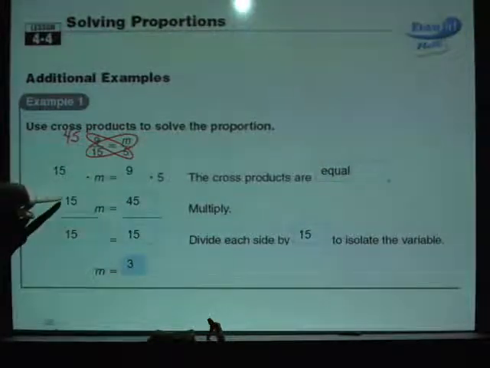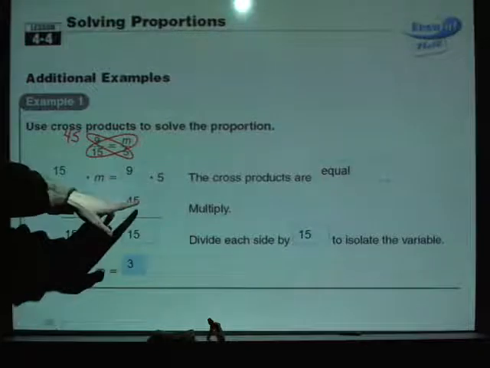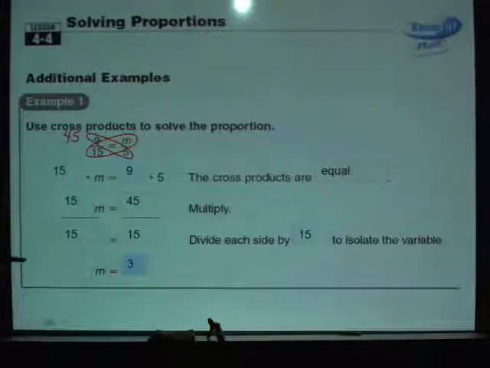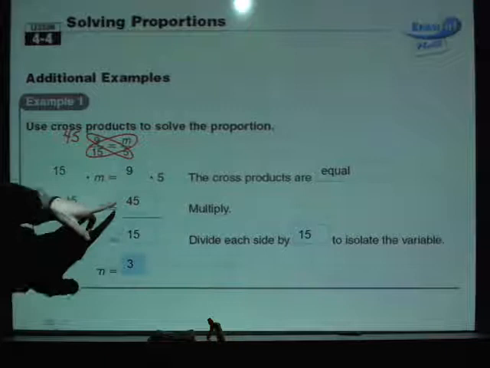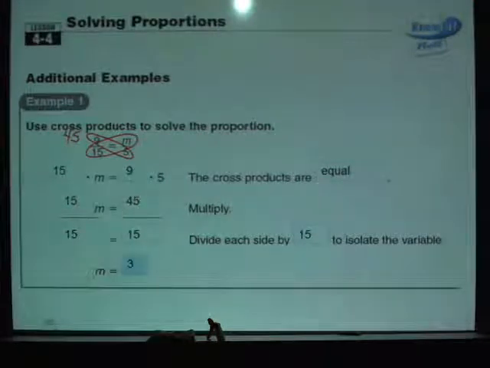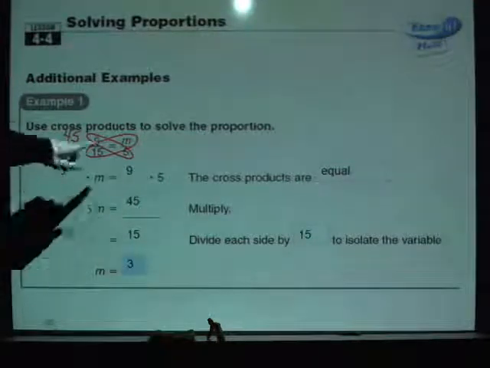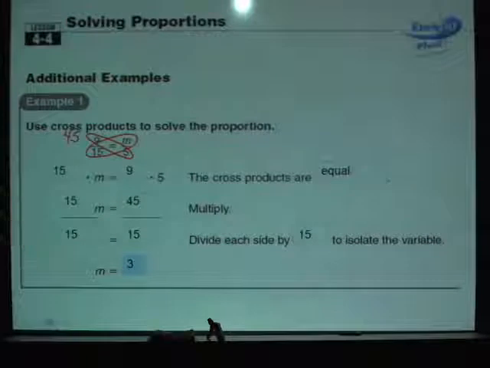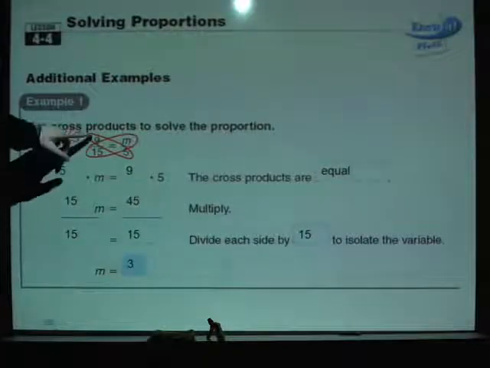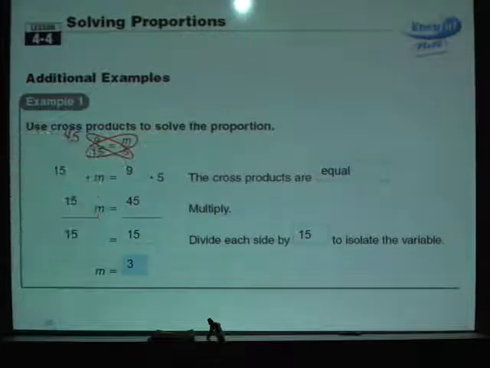So I'm saying, what number would I multiply by 15 to get to 45? Well, we know that 15 times 3 equals 45. So indeed, m must equal 3 here to make this proportion valid, or to make the two ratios equivalent. And of course, 9/15 does reduce down to 3/5, so that does make good sense to us.